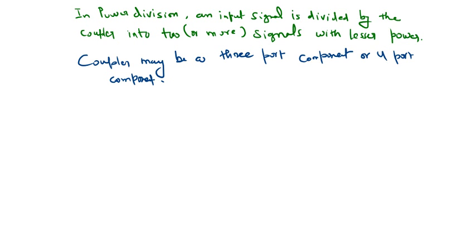So three-port components take the form of T junctions.